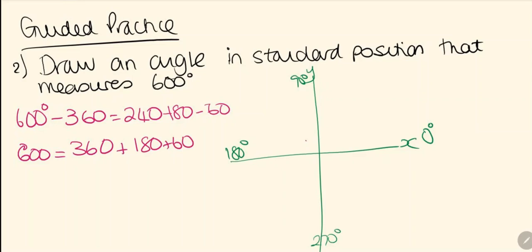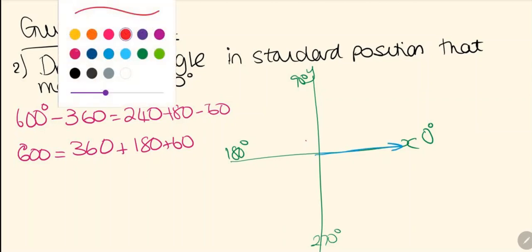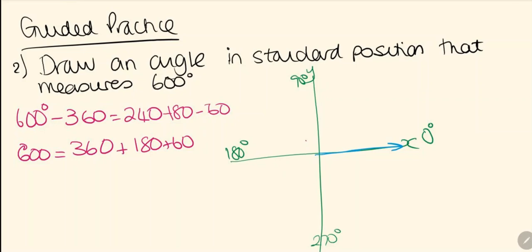So we're going to start from here. And it's positive. 600 is positive, so we need to go counterclockwise. So let's just write that there, 600. So we're going to go a full circle, 180 plus another 60.